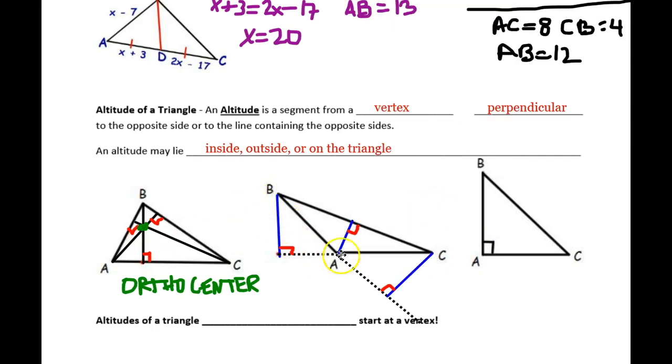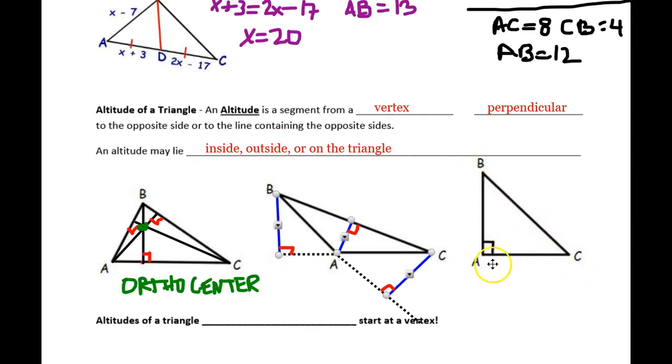All right, so these blue lines are all of my altitudes, and if I was to extend them and see where they meet, that would be my center. And notice how far outside the triangle it's going to be. It's going to be way out here. But way down here would be where my orthocenter was for this particular triangle.